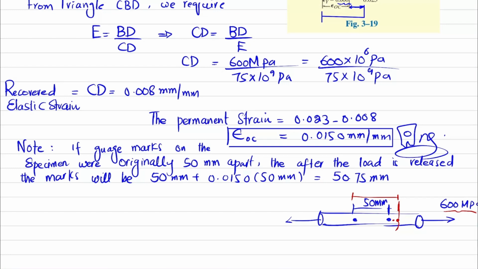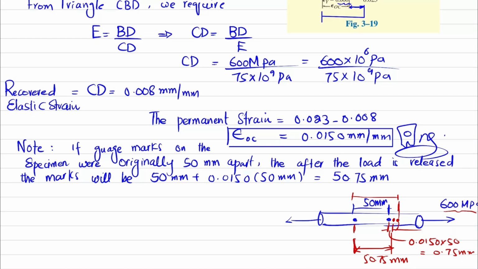Instead, it will go somewhere there. Clear? So this is the original length, and this much strain is produced in it. And this strain will be equal to 0.0150. Our change in length will be 0.0150 multiplied by 50, and that will be 0.75 millimeter. So after the removal of load, this point will still be away from the original point. So it will be now at a distance of 50.75 millimeter apart.